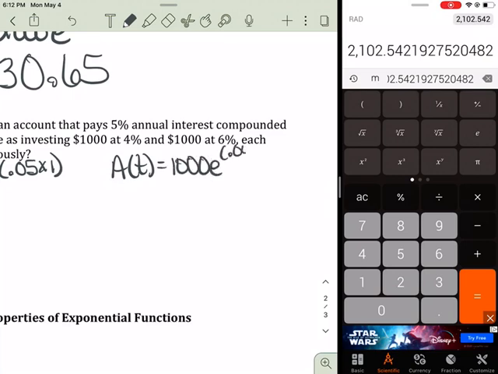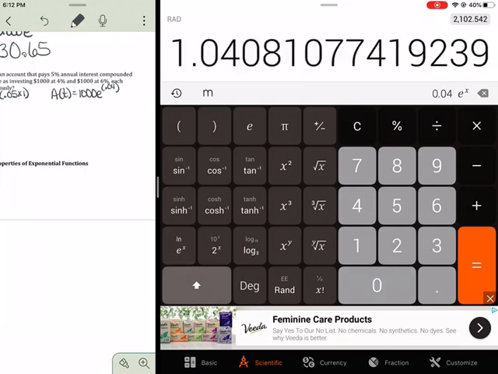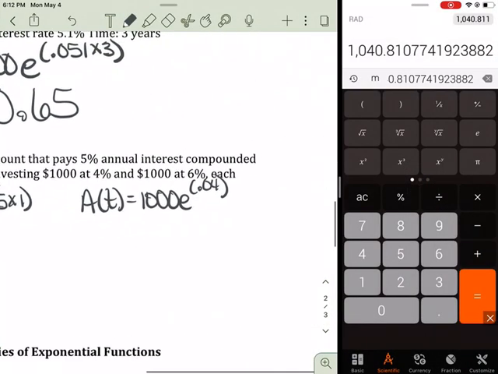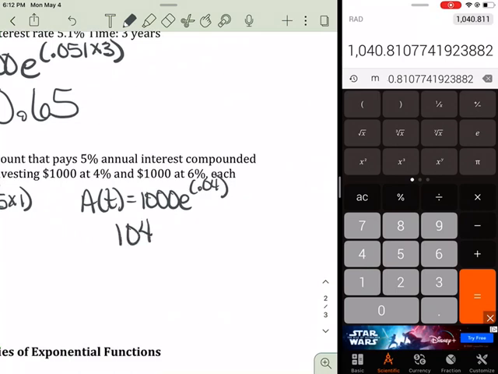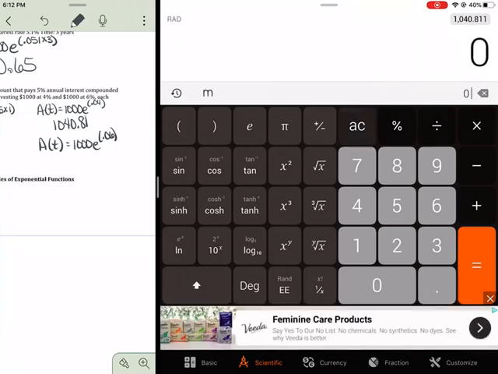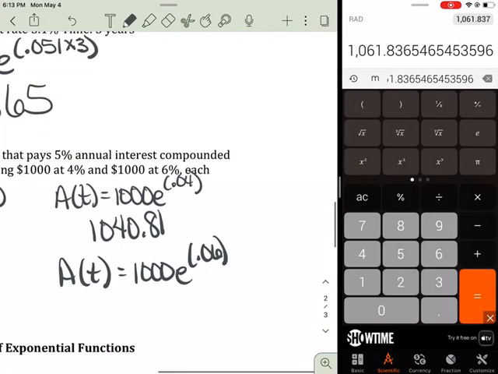Okay, so let's do the $1,000 at 4%: 0.04, e to the x, times 1,000. I get $1,040.81. Then the one at 6%, and I get $1,061.84.